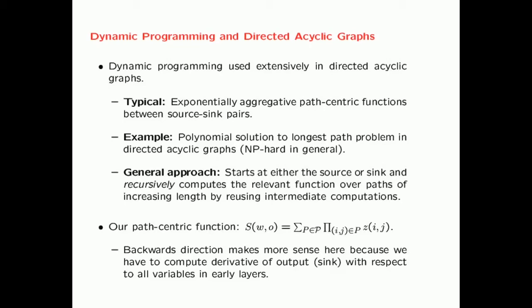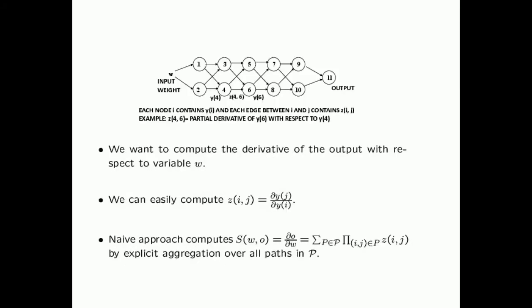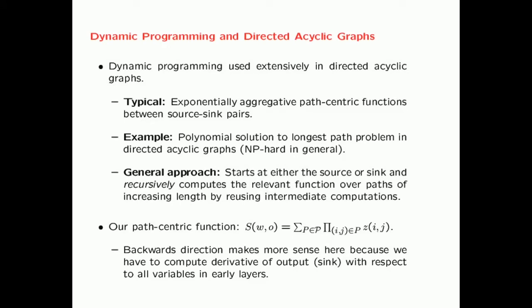So in this case, what is our path-centric function? Our path-centric function we already introduced in the previous slide. It is essentially SWO, which is the aggregation of the product of zij's over all paths. So here, of course, since you want to compute SWO for various nodes with respect to O, the backward direction makes more sense.